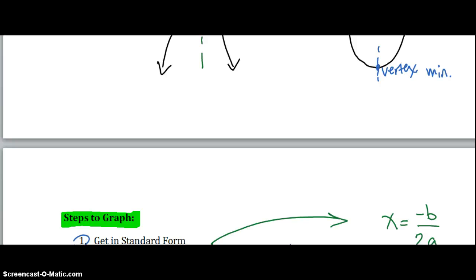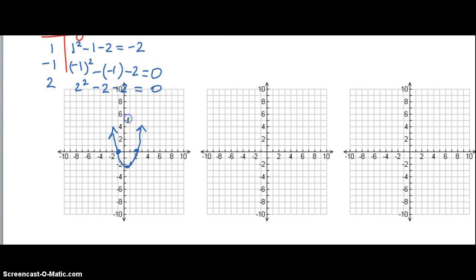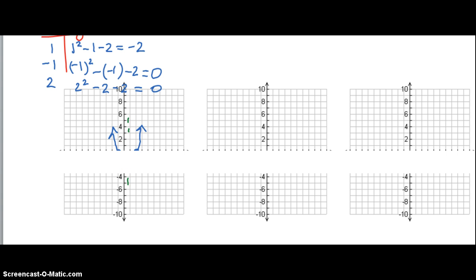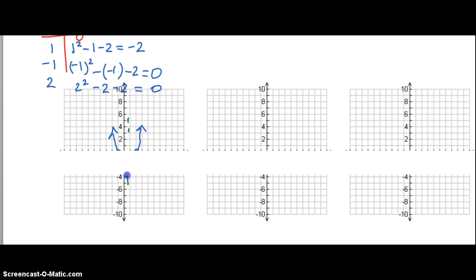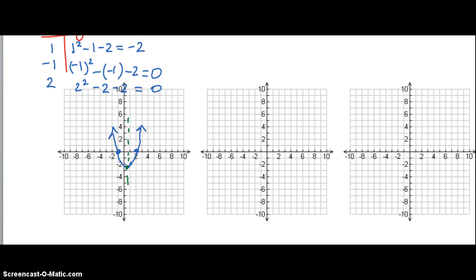Our axis of symmetry is at 1/2, passing through that point. Our vertex is 1/2, negative 2 1/4. So here's my axis of symmetry and my vertex. And let's talk about domain and range for a minute.